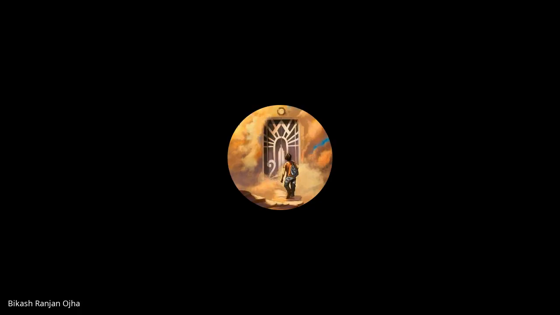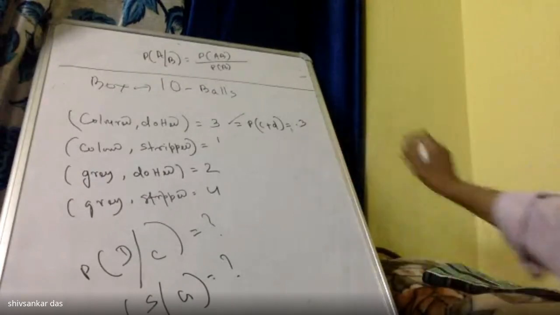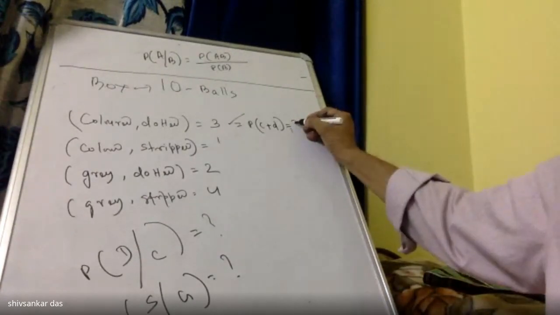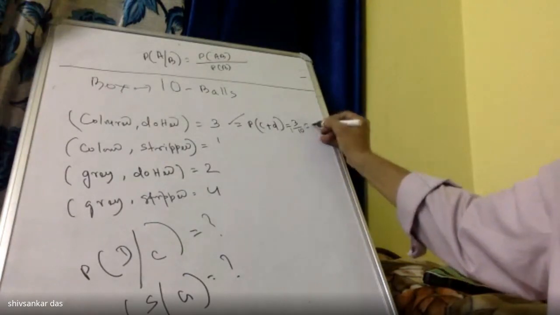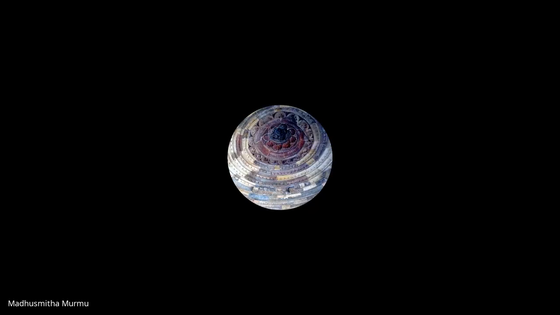Sir, 3 by 10, probability of selecting colored and dotted from the box, 3 by 10, that is equal to 0.3. Correct? Yes, sir.